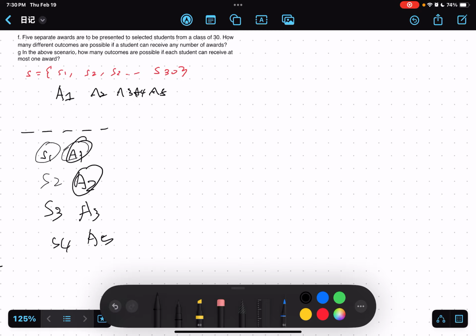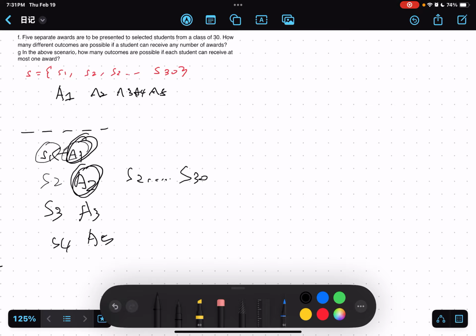But S2 cannot take award 1, because we only have 5 awards, and for award 2 we need to choose from S2 to S30. Why? Because we already chose award 1 and gave award 1 to student 1.